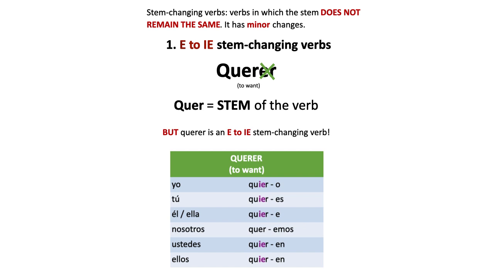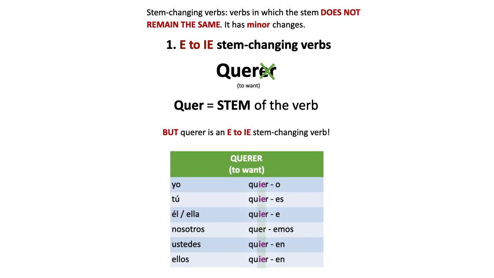This might sound like it's all over the place, but we're actually following a very simple pattern, right? Let's focus first on what is happening to the stem, just the stem. We know that the stem is quer, Q-U-E-R, right? But it's changing. Let's look at how it changes exactly.